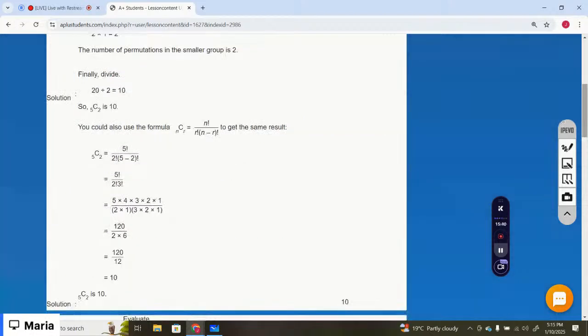So here is the formula to evaluate the combinations. nCr is n factorial divided by r factorial times n minus r factorial. Let's just start with the test questions.